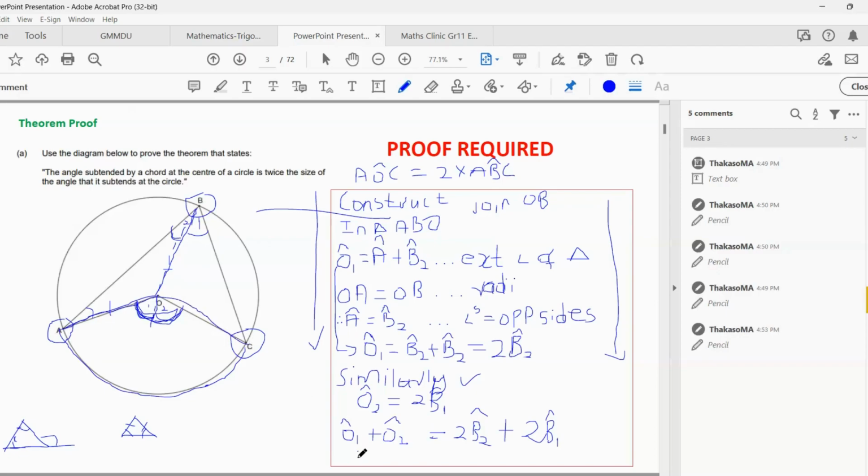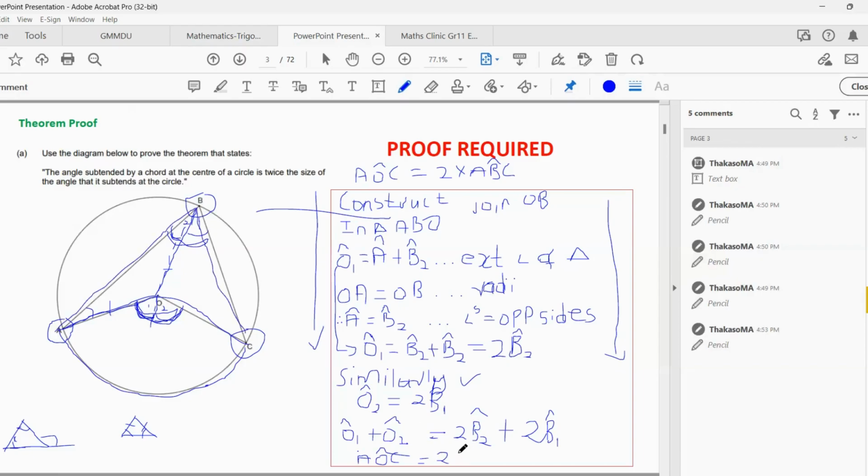So this is angle AOC, which is equal to, taking 2 out as a common factor, we are left with B1 and B2. B1 and B2 make up angle ABC.